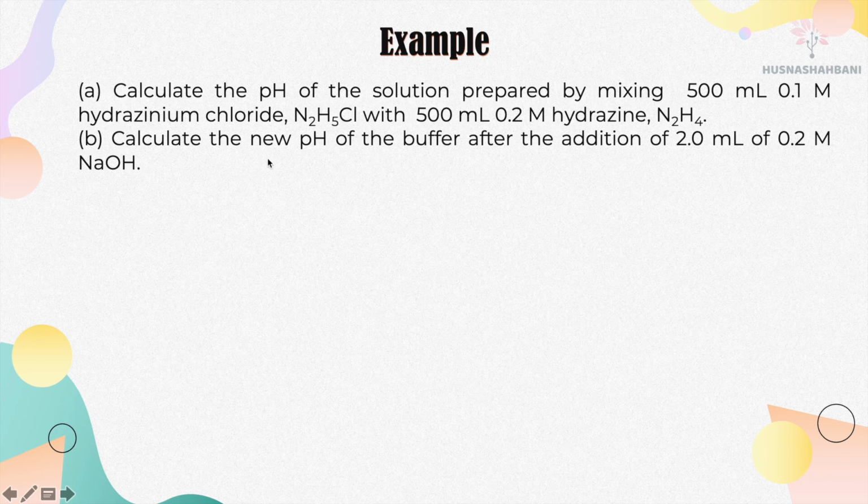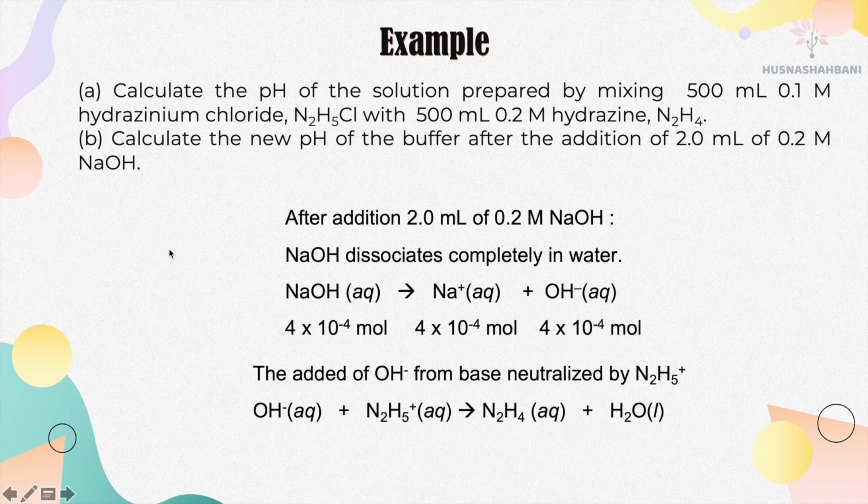Next, calculate the new pH of the buffer after addition of 2 ml of 0.2 molar NaOH. After the addition of 2 ml of NaOH, this is the addition of a strong base. Our buffer is a basic buffer, and you add strong base into that basic buffer.